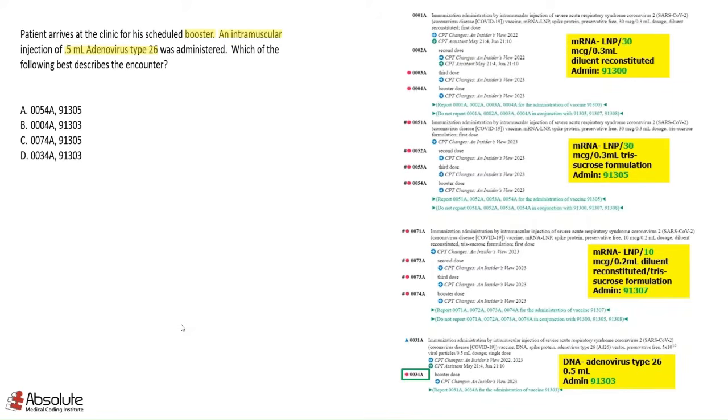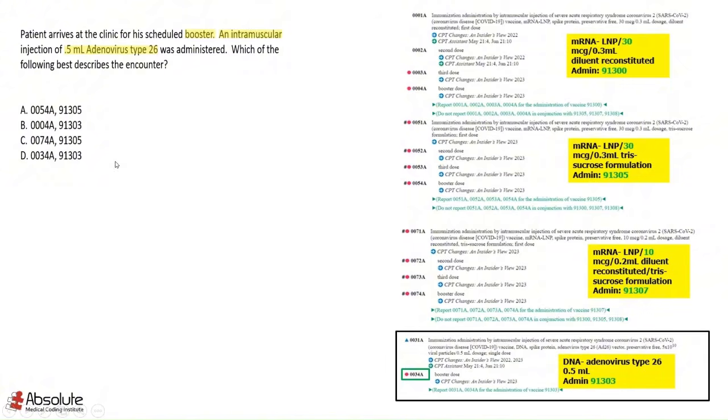So let's look into our keywords. We have an intramuscular injection of 0.5 ml adenovirus type 26. Simply by looking at the keywords and matching the code options, you can find that the correct one would be 0034A.